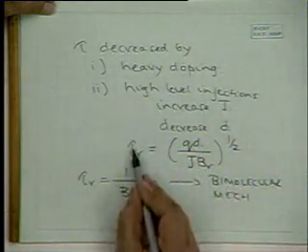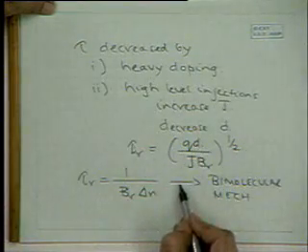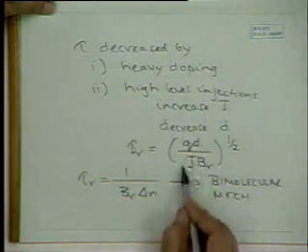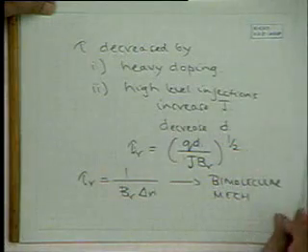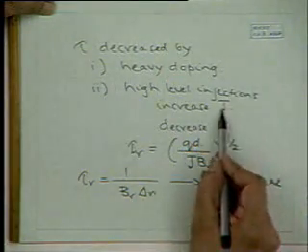So you see that this can be reduced by reducing d or by increasing J. Sir, for high level injection we have to increase the current density? Yeah, increasing the current density.